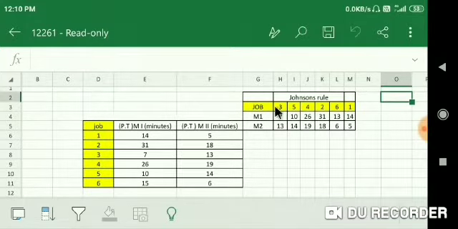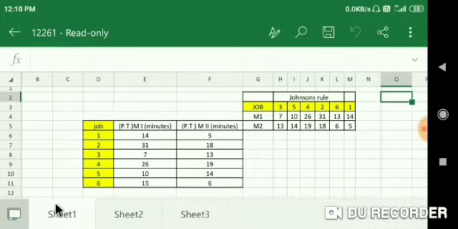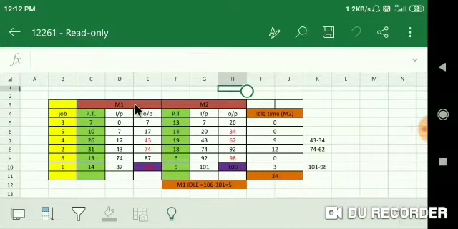Now, using Johnson's optimal sequence 3, 5, 4, 2, 6 and 1, we have to make another table like this for machines M1 and M2 and the 6 jobs, to find out the optimal time and the idle time for machines M1 and M2.